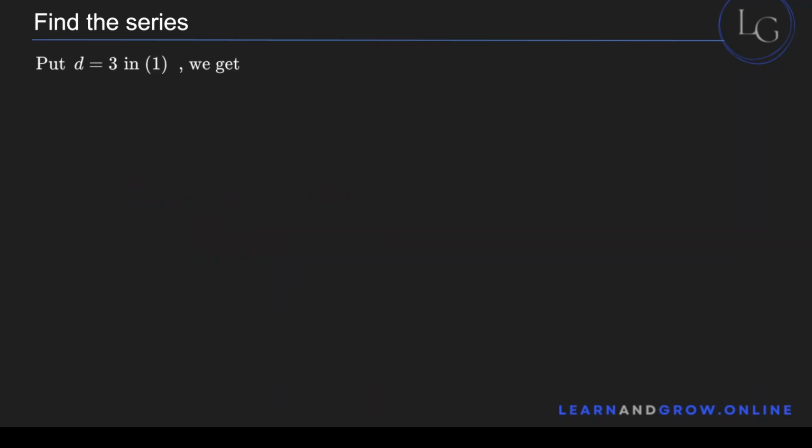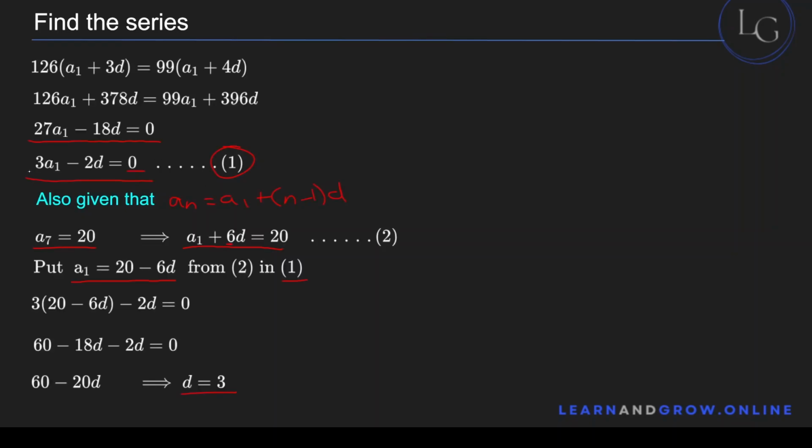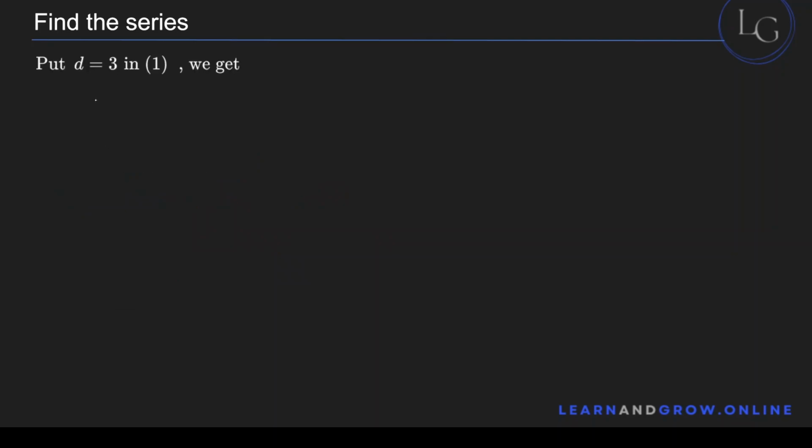Now, when you put d is equal to 3 in equation 1, which is 3a1 minus 2d is equal to 0, and you plug the value of d over here, you can find the value of a1, which is 2.